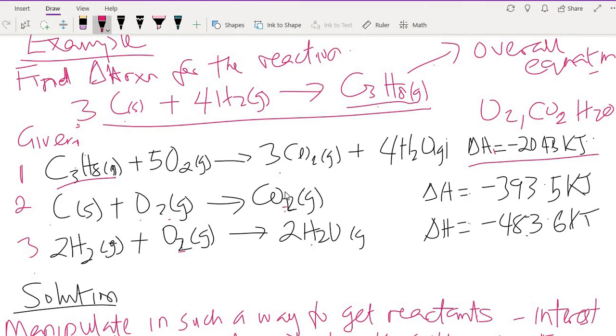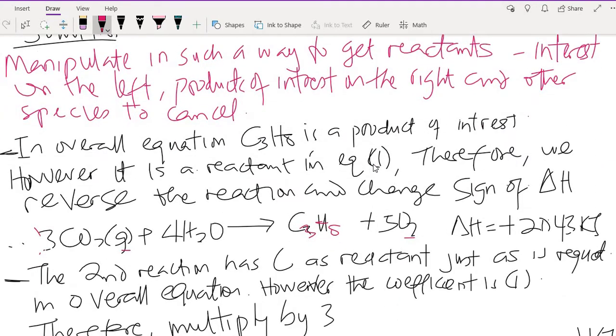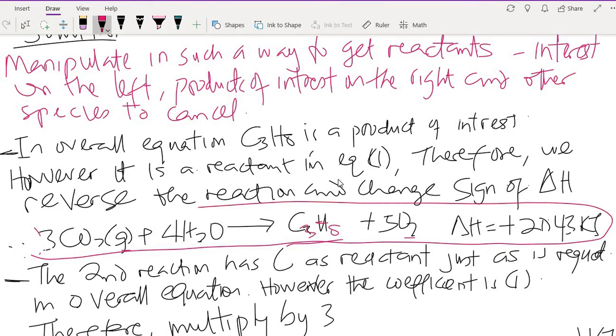In this case, we need to flip this equation, and when we flip this equation, we have to change the sign of delta H. So our first equation gives us this new equation. We flip this and we reverse the sign.